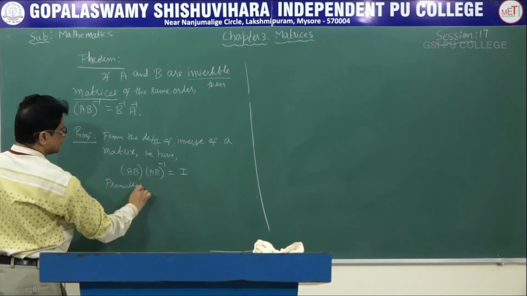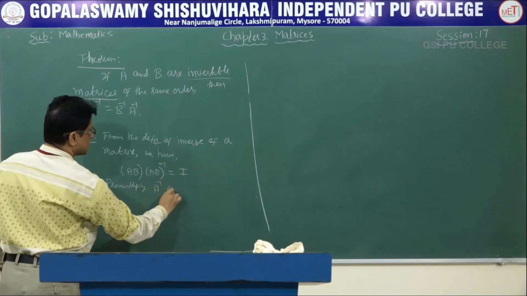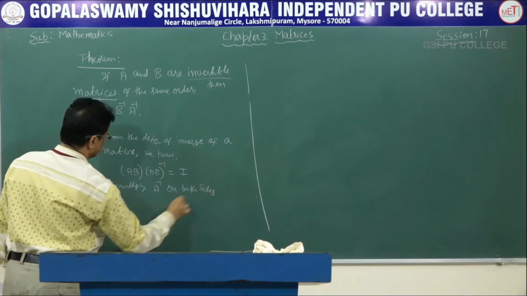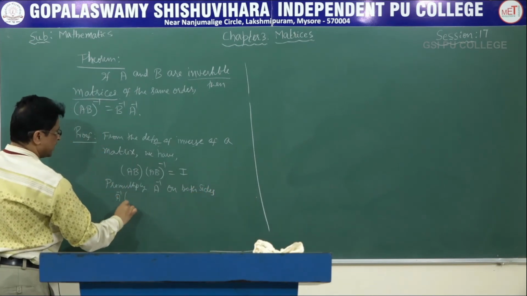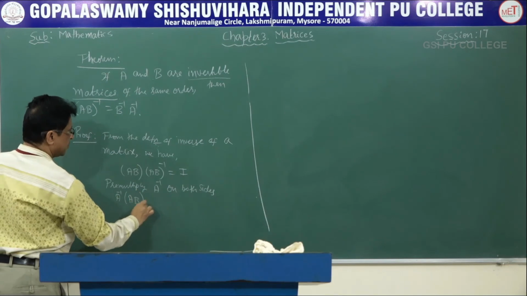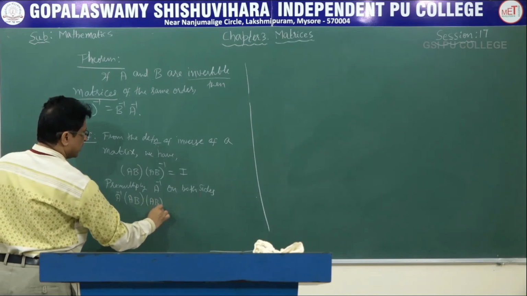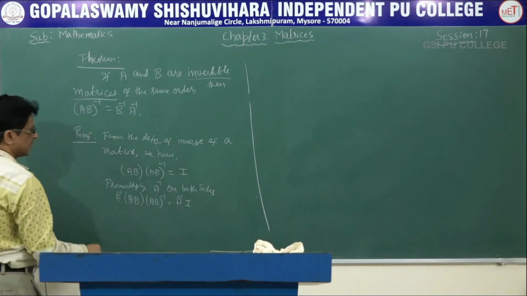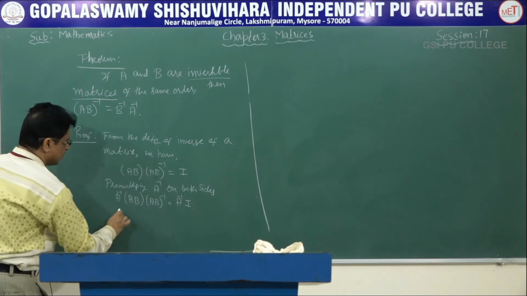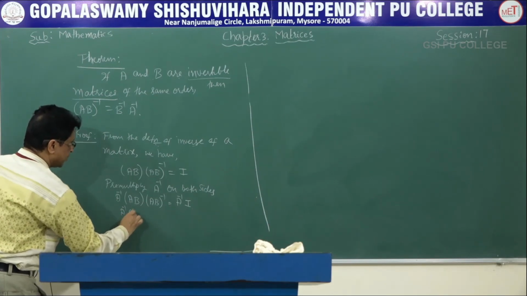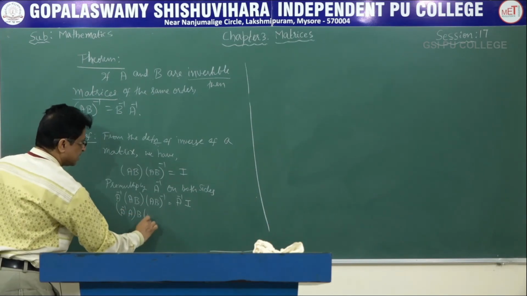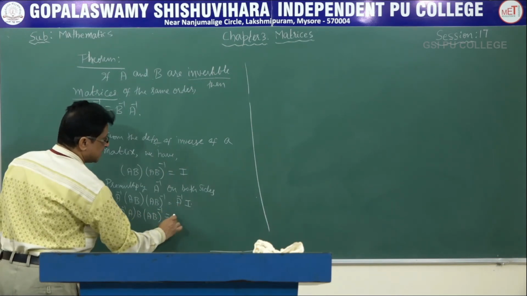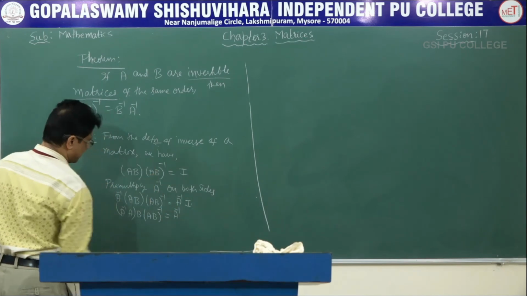Pre-multiplying A inverse on both sides. So A inverse into A into B into AB whole inverse is equal to A inverse into I. So we apply associative law here. We get A inverse into A into B into AB whole inverse is equal to A inverse into I, which will be A inverse.